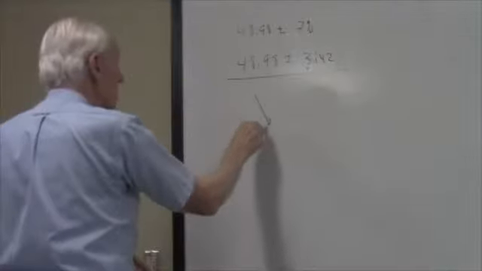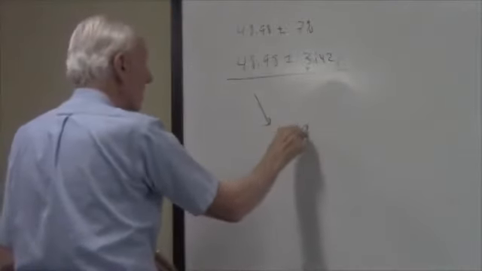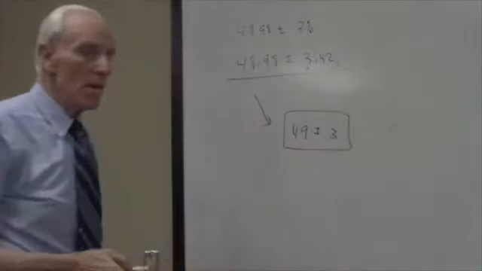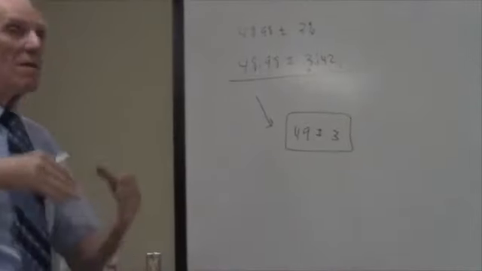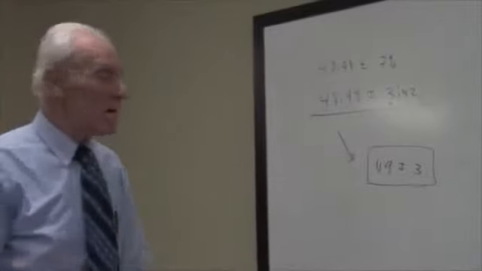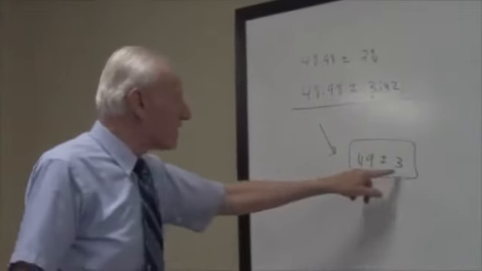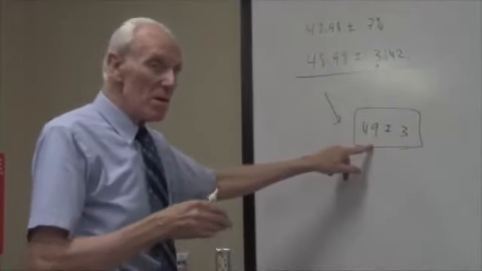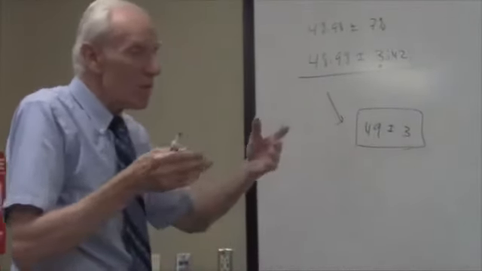So this has to be written as 49 plus or minus 3. And that is my final best answer. It includes the number, and this tells me how accurate that number is. It could be 3 or more.